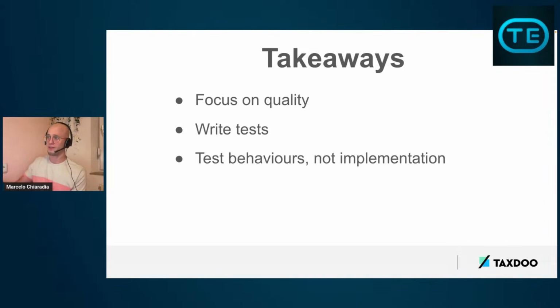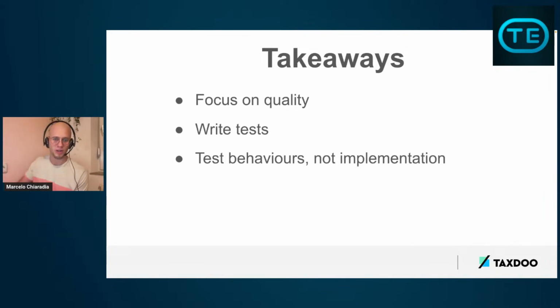So, test behaviors, not implementations. Don't fall into the trap of having a one-to-one matching between your test code and the production code, because we saw what happened today. Whenever you want to move some behavior from one side to the other, all your tests are going to break, and you lose complete confidence in your test suite.